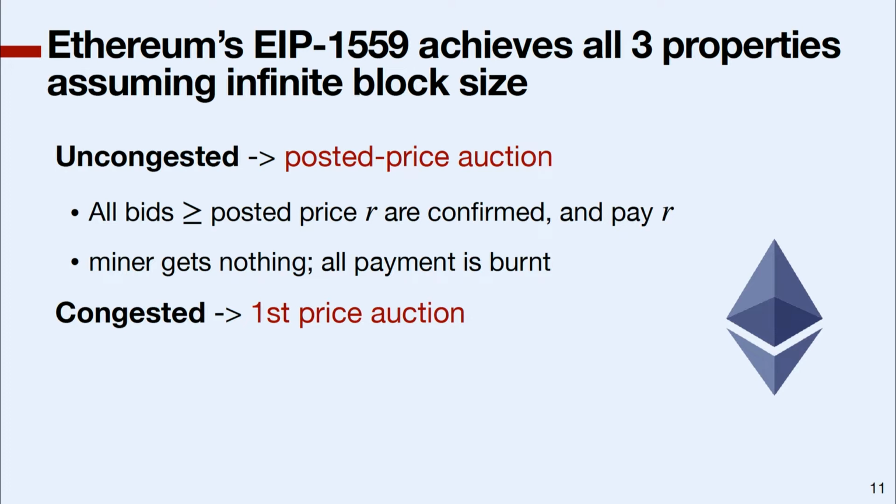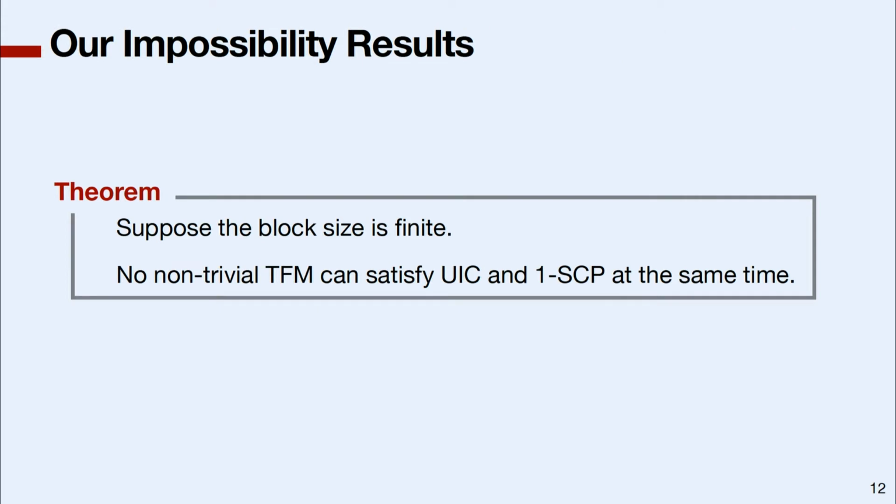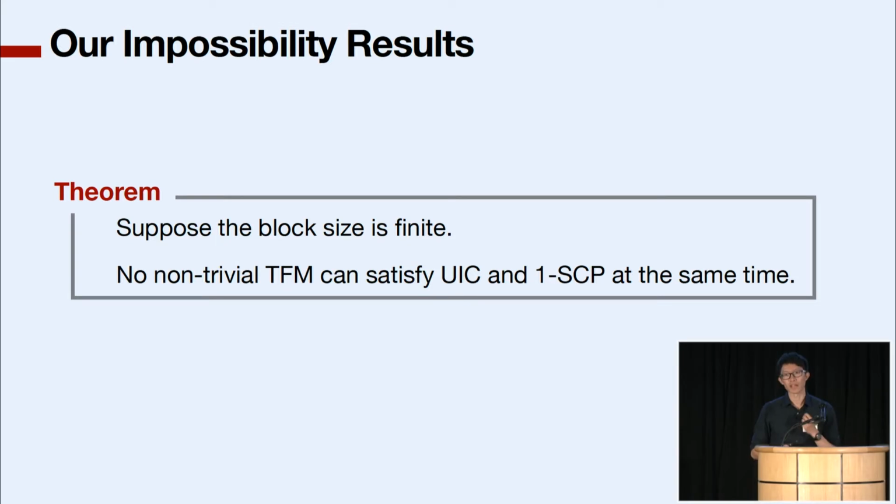So now, going back to our question. Can we have a dream mechanism that satisfies all 3 properties? Unfortunately, the answer is no. In our paper, we show that if the block size is finite, then no non-trivial mechanism can satisfy UIC and 1 SCP at the same time.